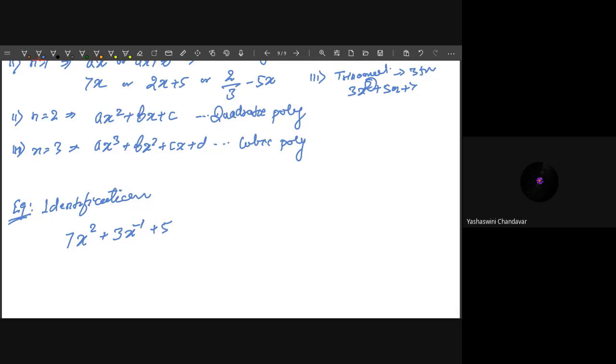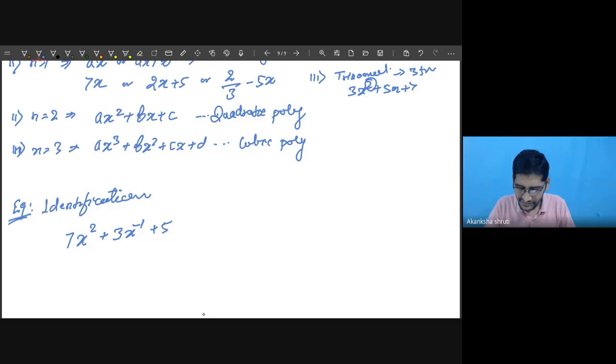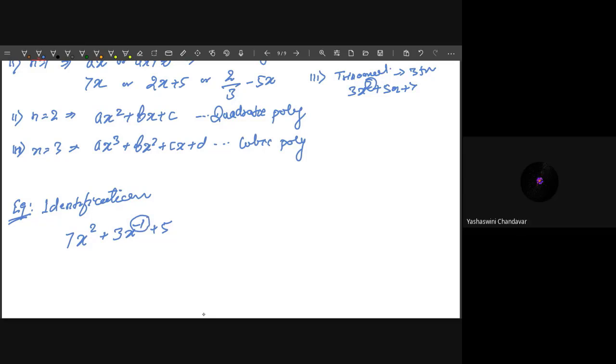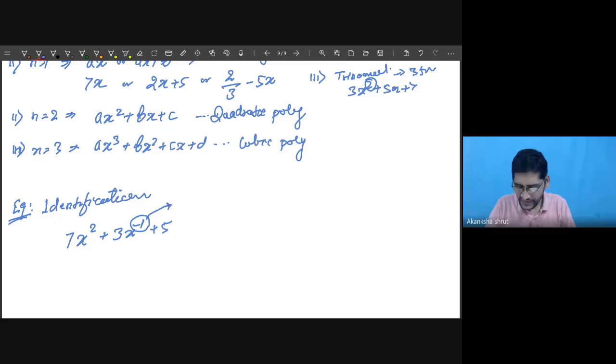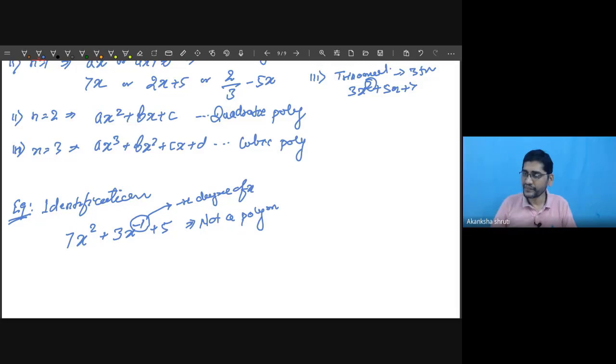No. Why? Because x has a negative degree, minus 1. Therefore, it is not a polynomial. Okay, students? Though the others are positive, if anyone has a negative power, then that will not be a polynomial.